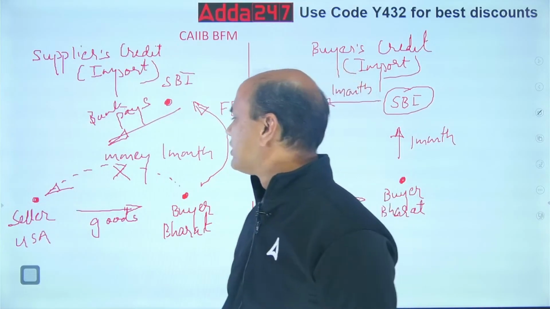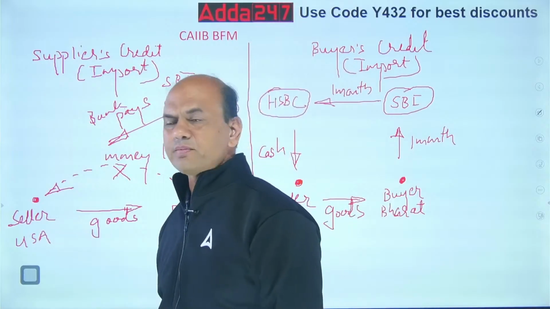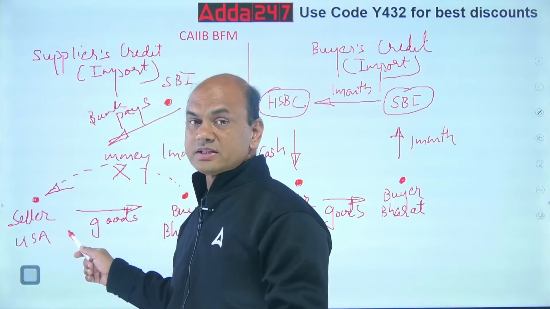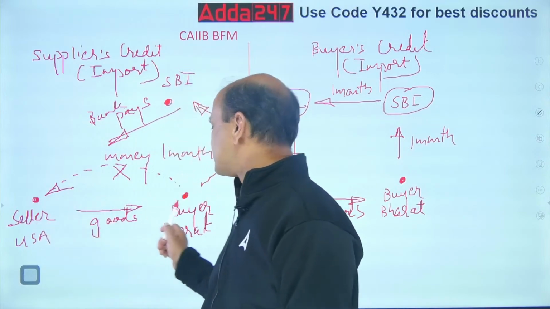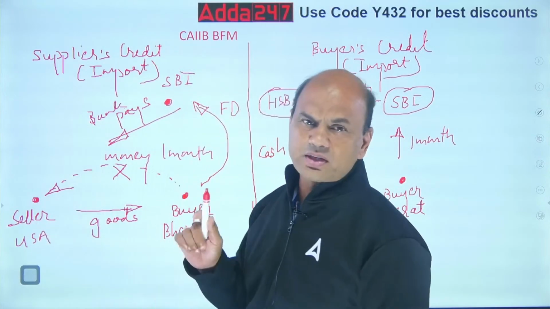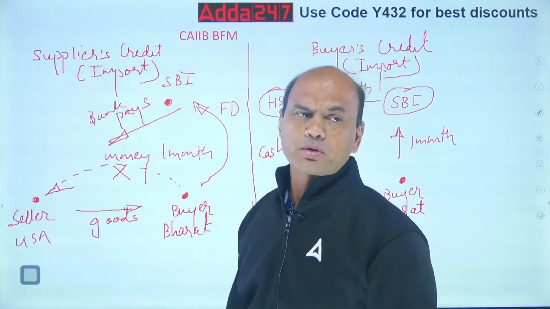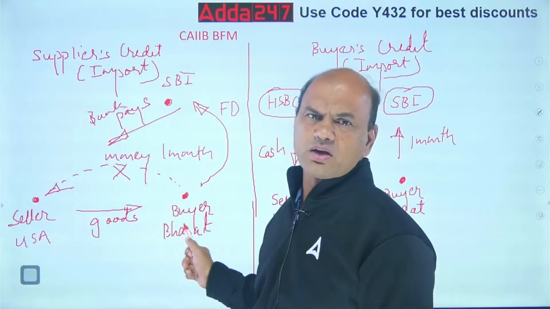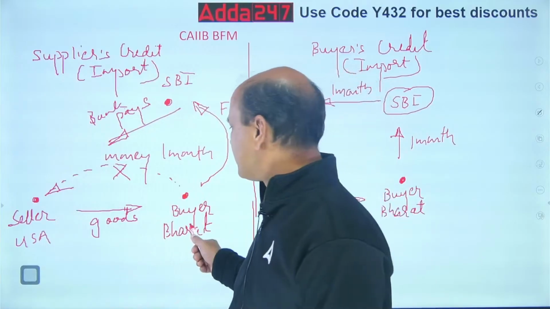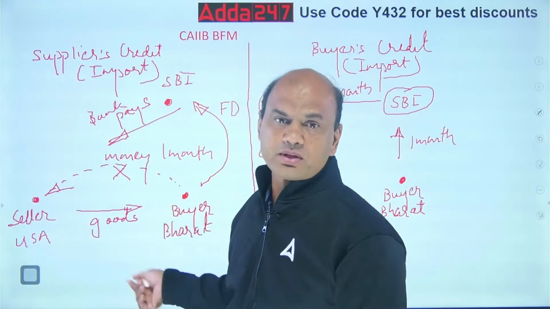So seller is ready to sell. But now there is a problem. The problem is the seller says, see, I don't trust you here. What will you do, will you give me the money? I don't know.